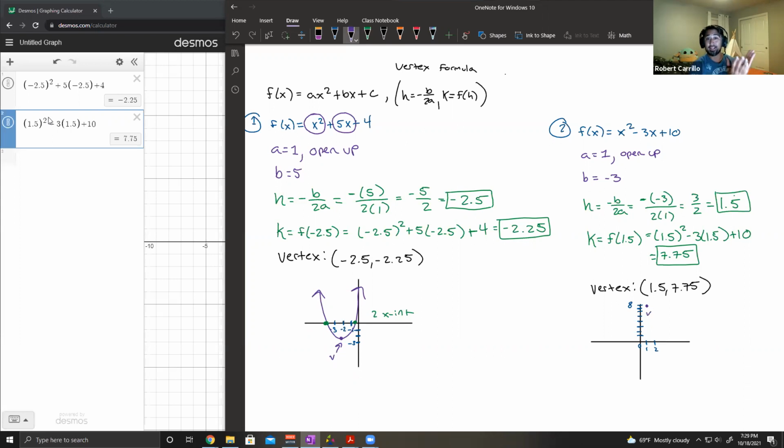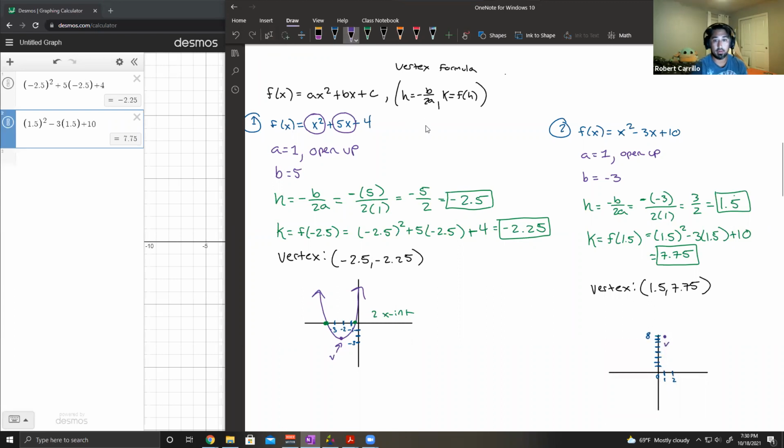Since this opens up, I need more room. It's going to open up and to the left, up and to the right. Let's see if I can drop that down. There we go, good enough.